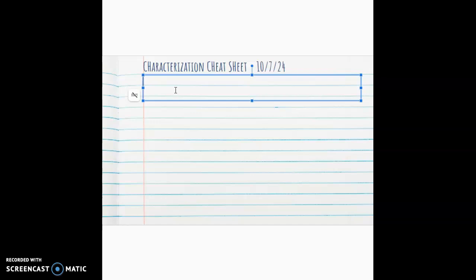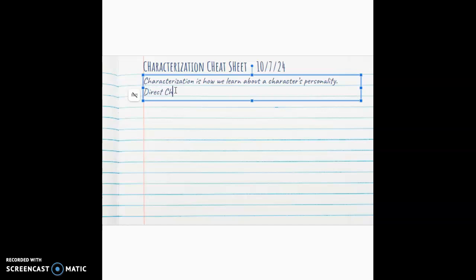So characterization is how we learn about a character's personality, right? Who is this person? That's the definition, long story short. There's two types of characterization.